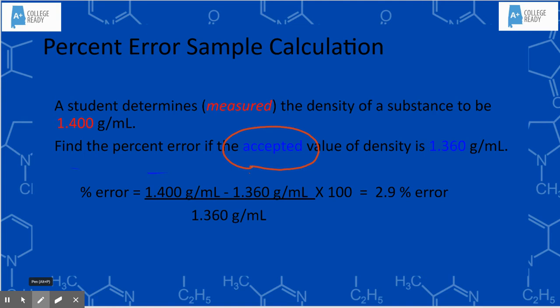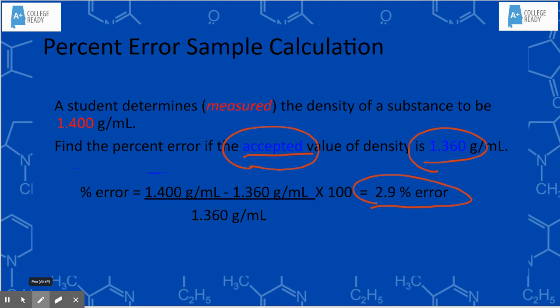Find the percent error if the accepted value is 1.360 grams per milliliter. So what you're going to do then is just subtract those two numbers. So 1.400 minus 1.360. And then you're going to divide by the accepted value, which is 1.360, and multiply by 100. That comes out to be 2.9%.